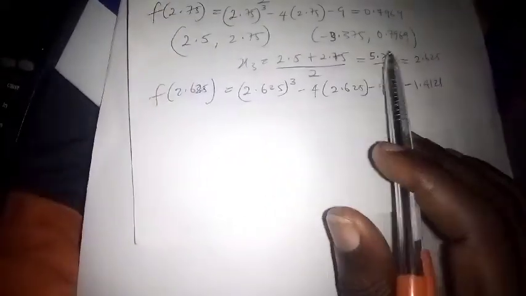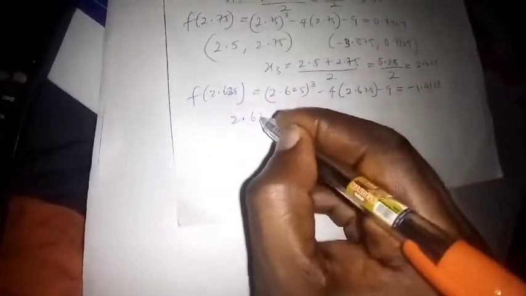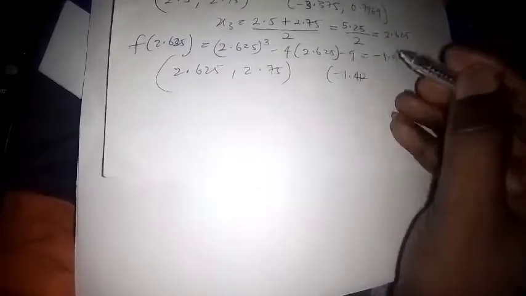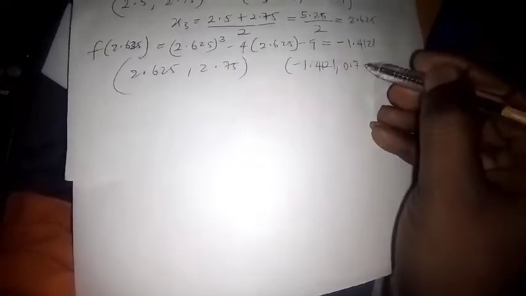So you go to where you have your negative values and replace it with the new values. We now have 2.625 and 2.75 as the new interval, with minus 1.121 and 0.79669 as the roots.